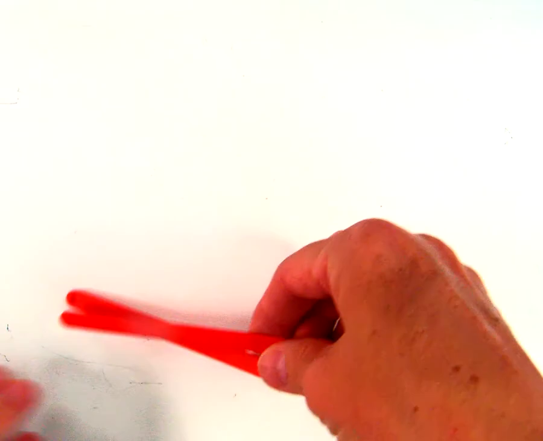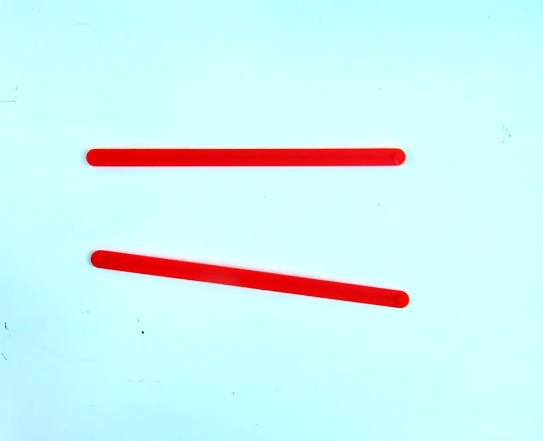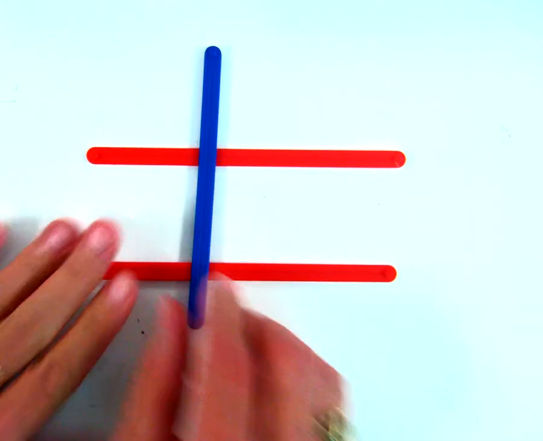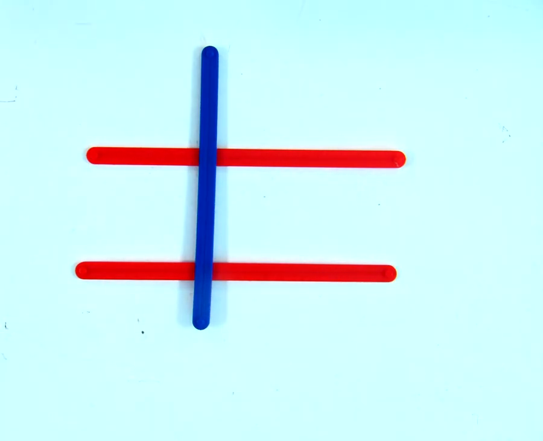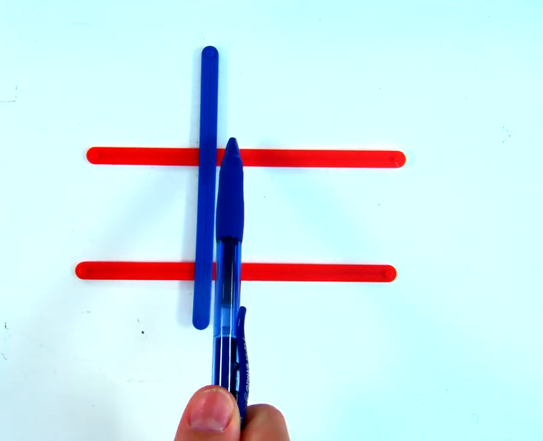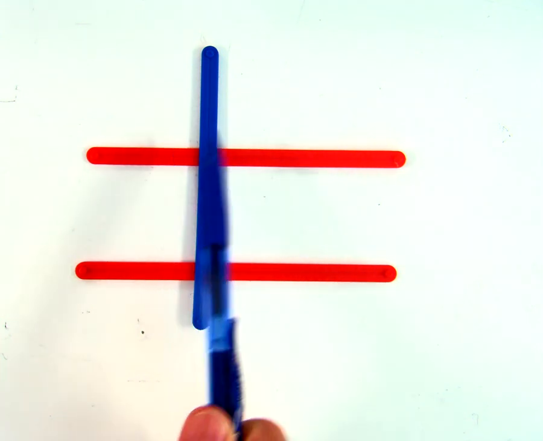We got 2 red lines here. Let's say that the blue is a transversal. Now I know it is given to me that that little angle right there is perpendicular. These two are perpendicular.